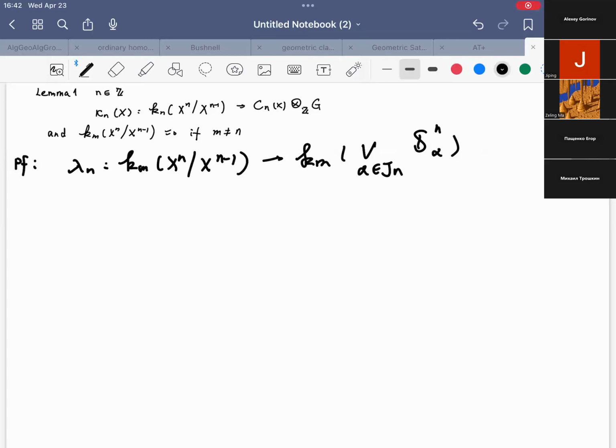This is by the construction of the CW compact cell structure. So we just need to check this part is isomorphic to C_n X tensor G, and we know this part is equal to the direct sum of K_m, just by the wedge product issue.